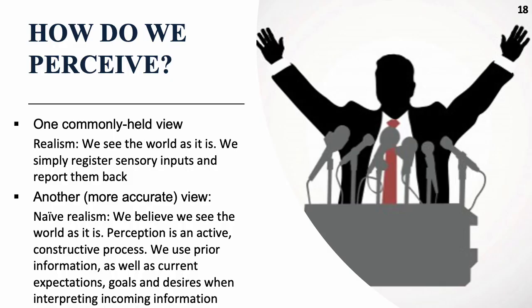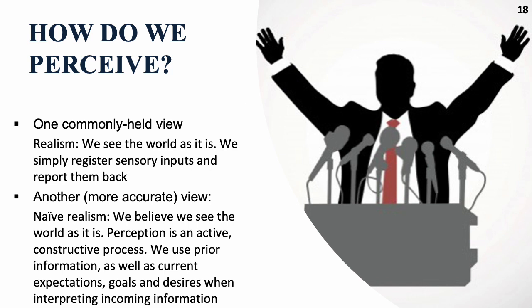So, how do we perceive things? One commonly held view is what we call realism. We see the world as it is. We register sensory inputs and report them back. Another view that is deemed more accurate by most policymakers, lawyers, marketers, academics, and so on and so forth, is called naive realism.